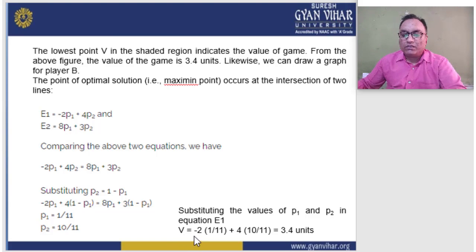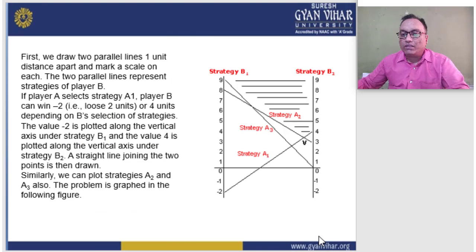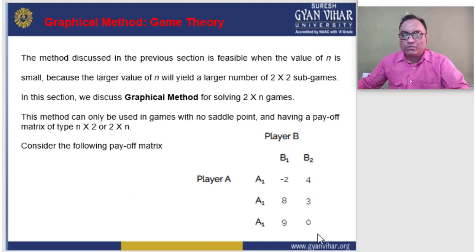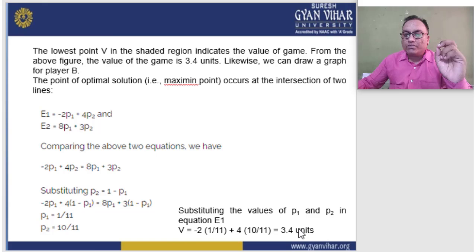V equal to minus 2 times 1 by 11 plus 4 times 10 by 11, equal to 3.4 units, and this 3.4 units shows the value of the game. So in this 2 into n type of problem, the value of the game is 3.4, right?